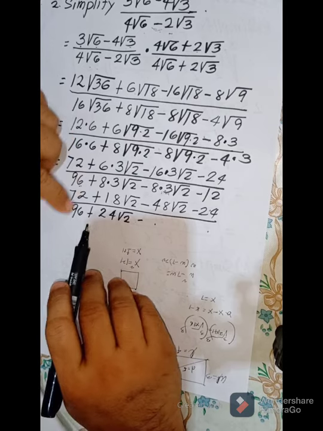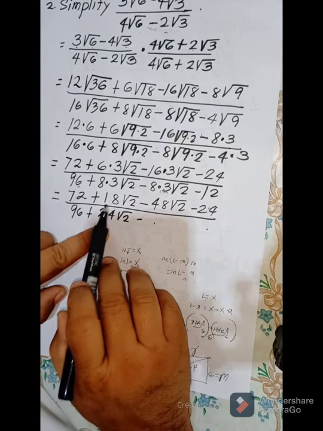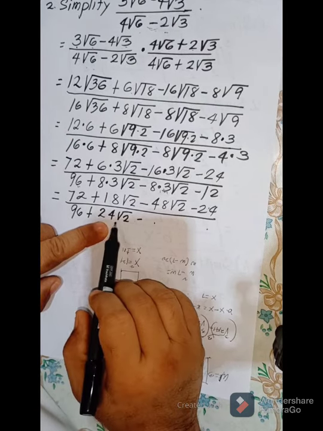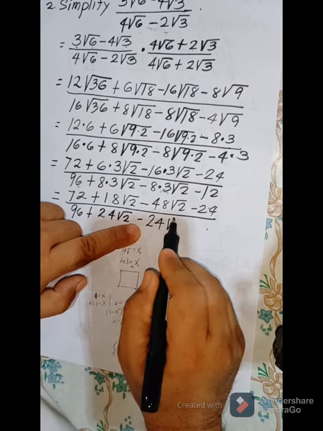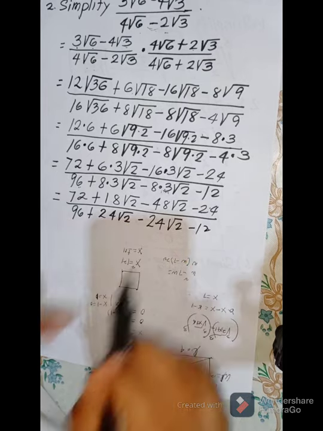Okay, no problem there. So we have 8 times 3, 24 square root of 2, then 8 times 3, 24 also square root of 2, minus 12.